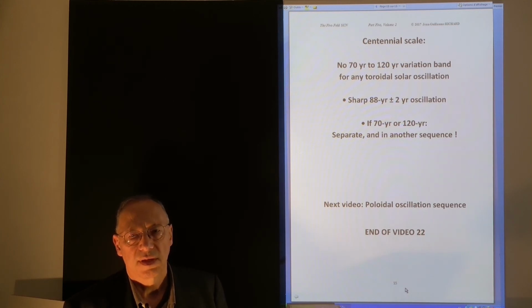So if there is any 70-year or any 120-year oscillation in solar behavior, this is possible, but would be found separately, and indeed we will find at least one such other relevant sequence in another set of oscillations, and it will be no part of a continuous variation band because it is a completely different, separate oscillation.